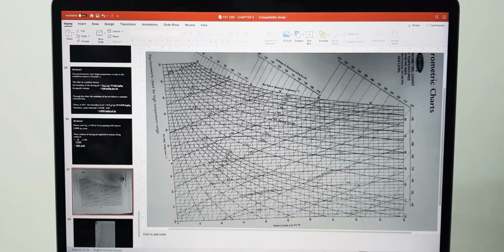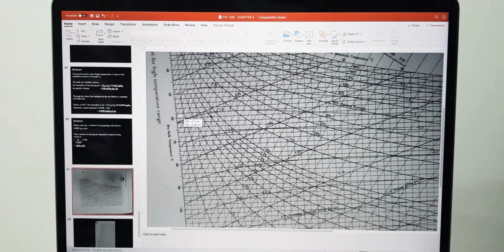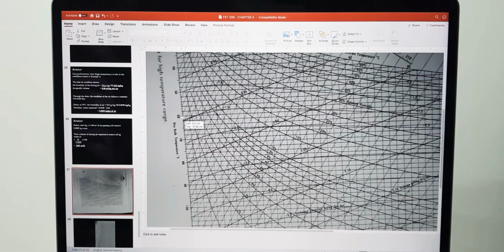Okay, it's supposed to be here. So this one is 60 degrees Celsius. Mark the value, mark the line at 60 degrees Celsius over here.